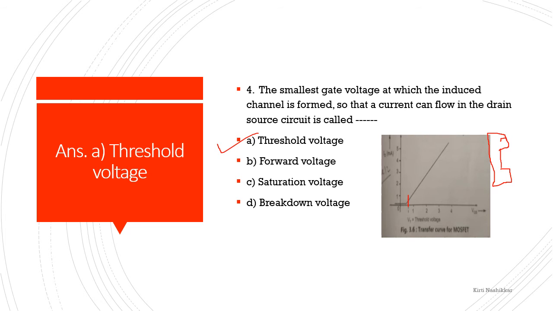As the channel is formed, the current can flow from source to drain because of this channel only. So this channel is formed only after this voltage. That's why the definition of the threshold voltage is the smallest gate voltage at which the induced channel is formed so that the current can flow in the drain to source circuit. So this voltage is called the threshold voltage.